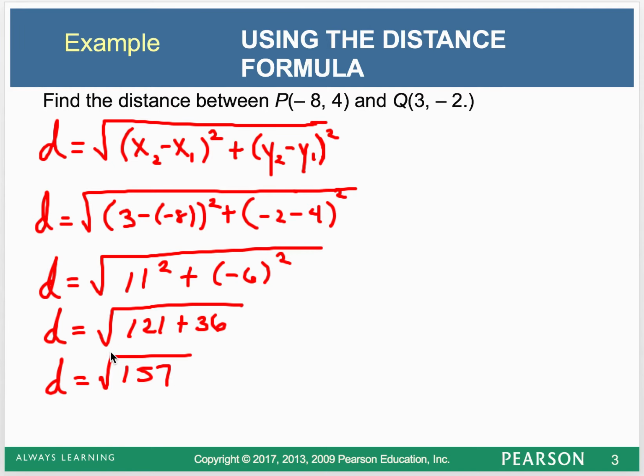Okay, now I need to see if this will simplify, right? So let's see, first of all, it's not divisible by 2 or 3 or 4 or 5. I'm not thinking that'll simplify just off the bat. But don't forget to check it.